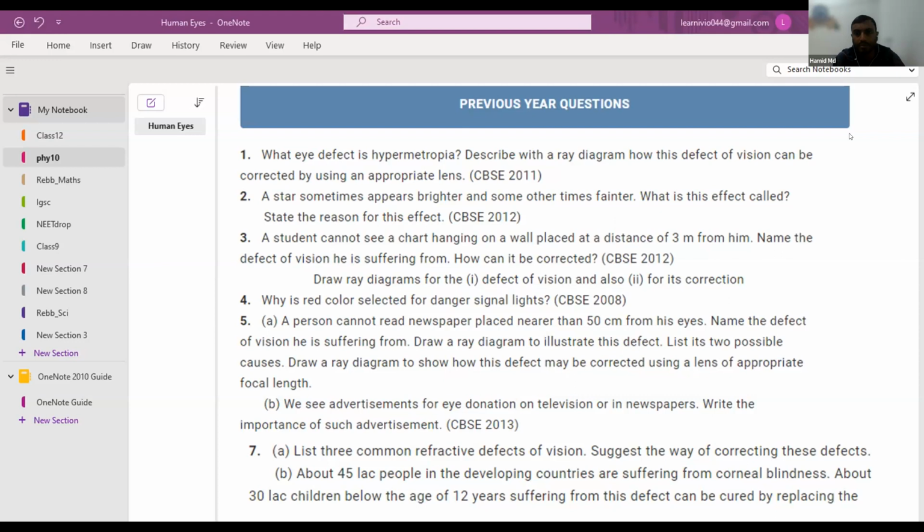These are some CBSE board questions. So we have to say the answer.